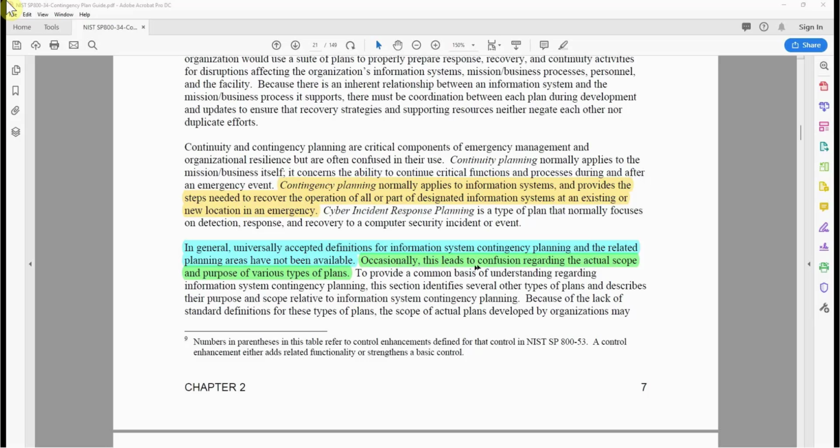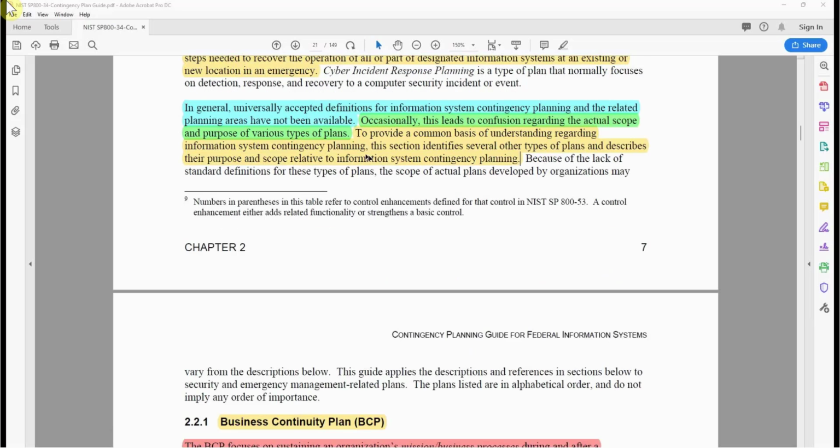Occasionally, this leads to confusion regarding the actual scope and purpose of various types of plans. To provide a common basis of understanding regarding information system contingency planning, this section identifies several other types of plans and describes their purpose and scope relative to information system contingency planning.